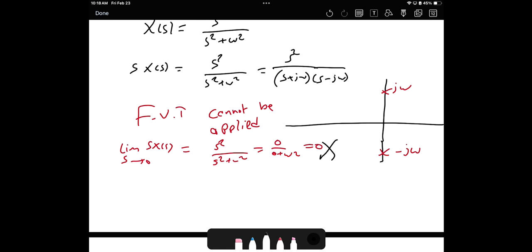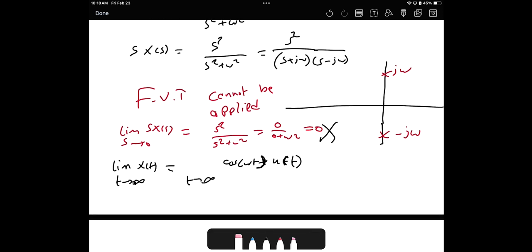But actually, if we do it in the time domain, the limit as t goes to infinity of x of t, which is cosine omega t times u of t. What's the limit of the cosine when t goes to infinity? Look at the waveform. The cosine is something like this.